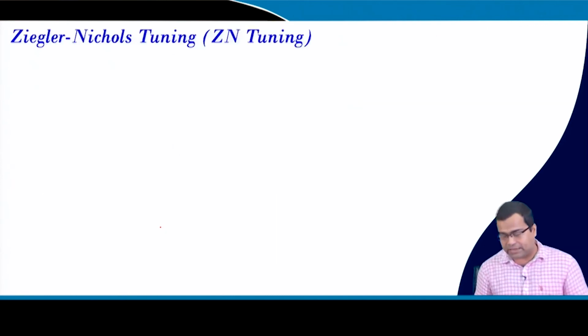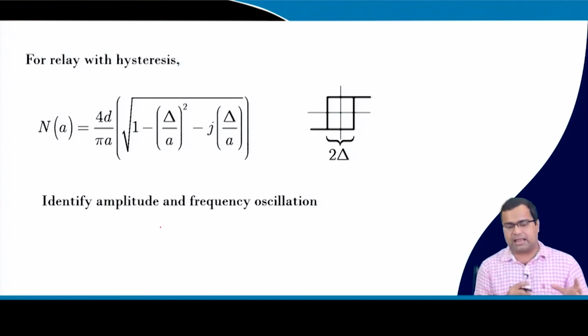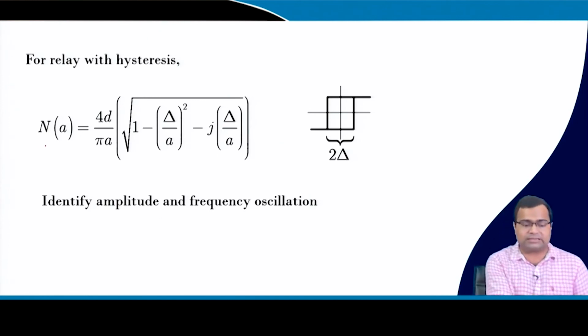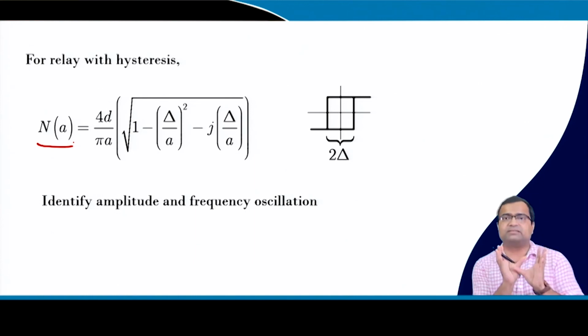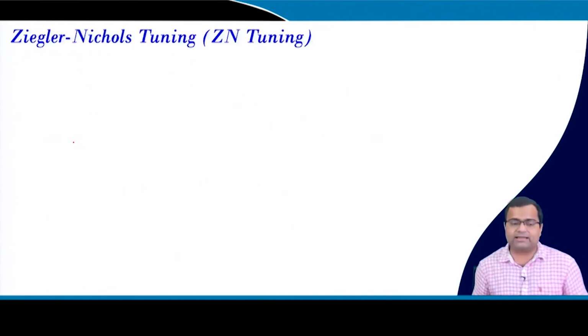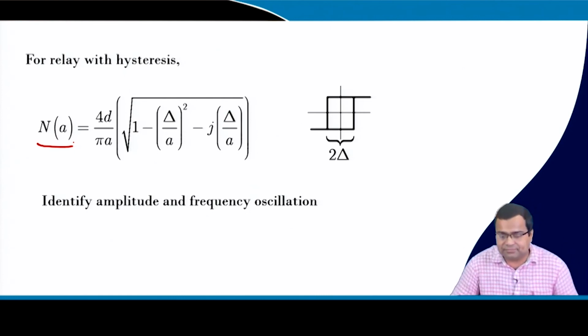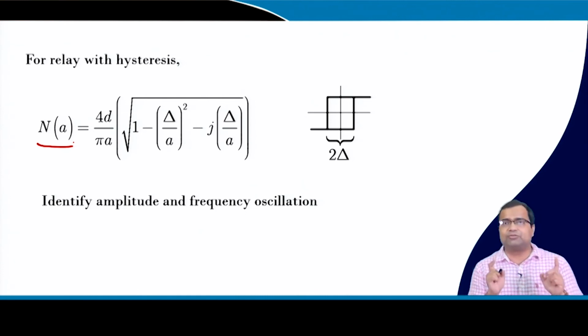Then by plotting the Nyquist plot of the linear plant and also the Nyquist plot of the gain of this relay hysteresis term, we can find the intersection point. From that intersection point, by finding the phase and amplitude, we can find the amplitude of oscillation, but we have to make sure that it satisfies the extended Nyquist stability criteria.